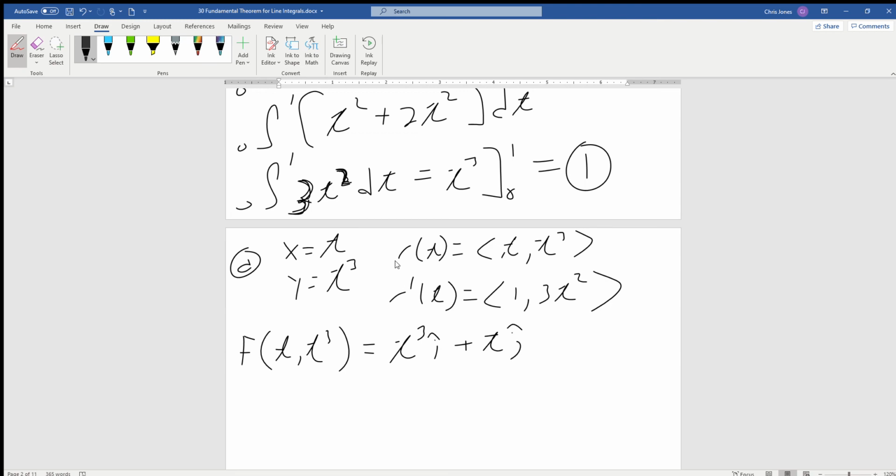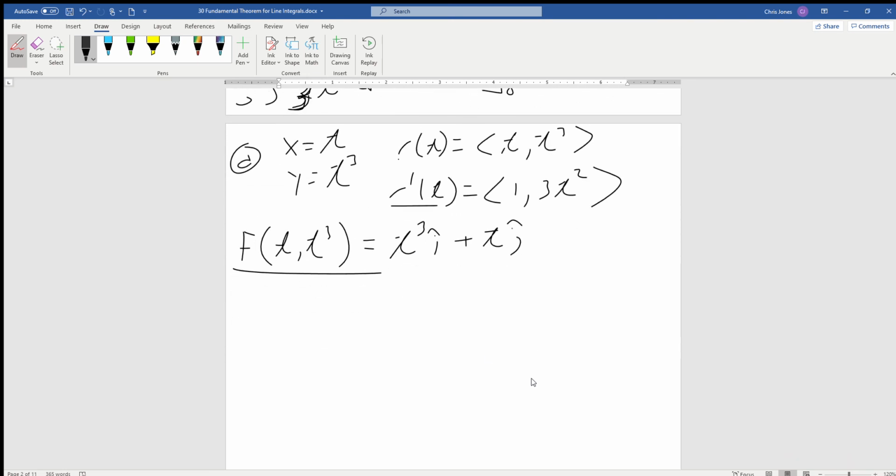And now we're going to dot r prime with f at r of t, so that's going to be the integral, still 0 to 1 because we're traveling from 0, 0 to 1, 1. F at r of t is t cubed comma t dot r prime of t is 1 comma 3t squared. We need a dt here.